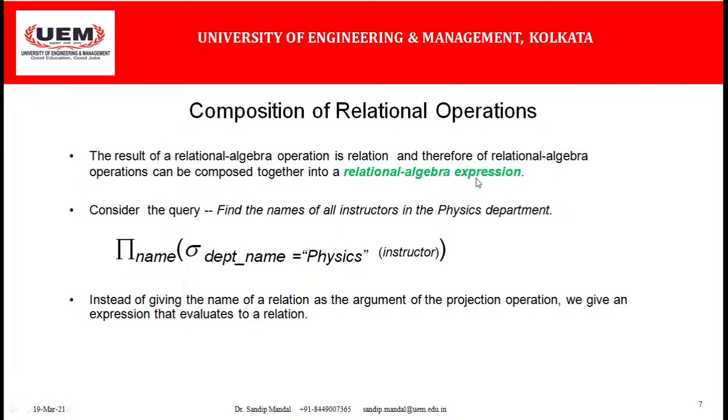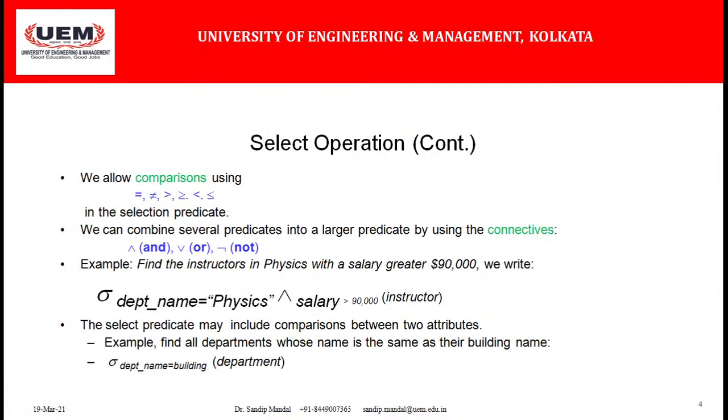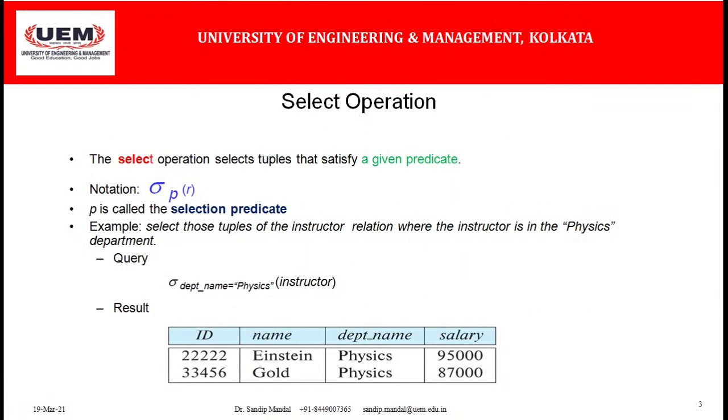First you have to identify how many instructors or how many tuples are from the physics department. For that purpose we use select from the instructor where the department name equals physics, and from this number of rows, a total of 2 rows are there.